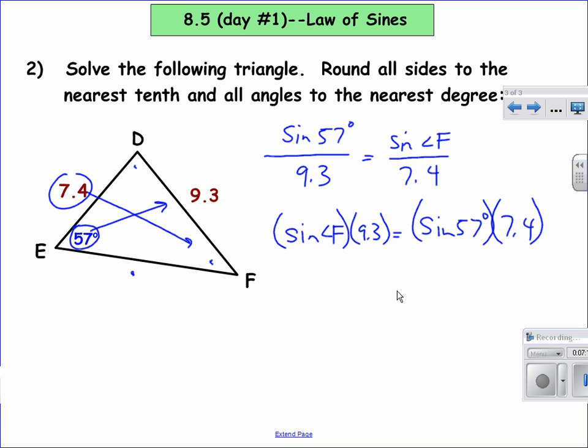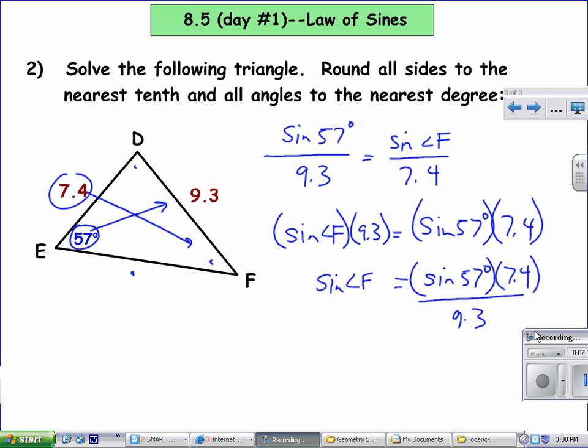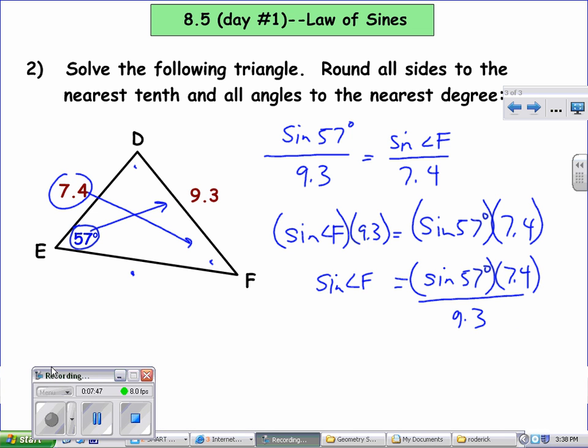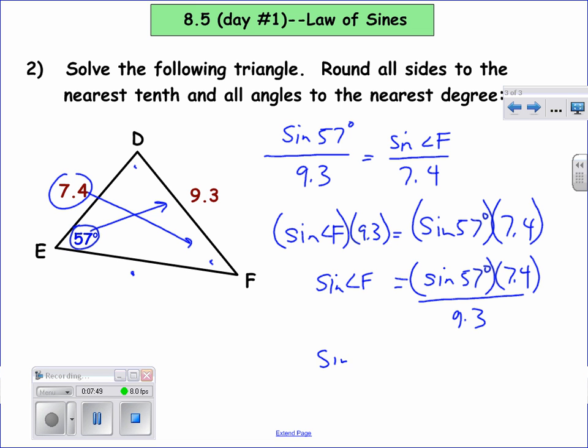And let's go here and say the sine of angle F equals sine of 57 degrees times 7.4 divided by 9.3. Okay. Now, I'm getting an angle, right? I'm getting a ratio here, right? So I'm not getting a side length, I'm just getting a ratio.